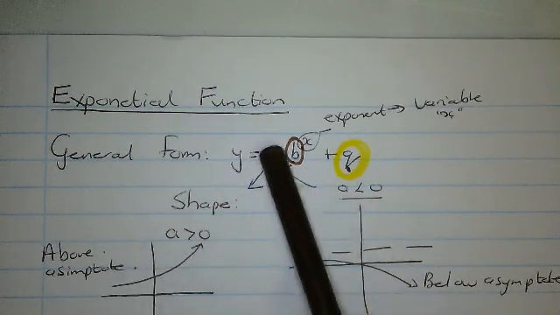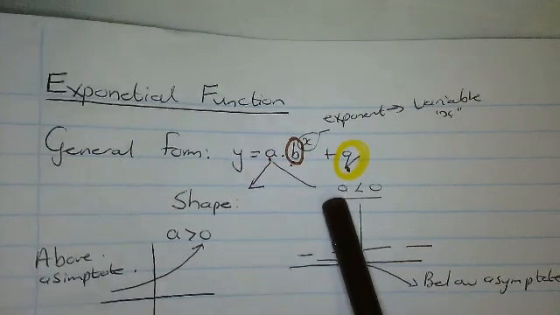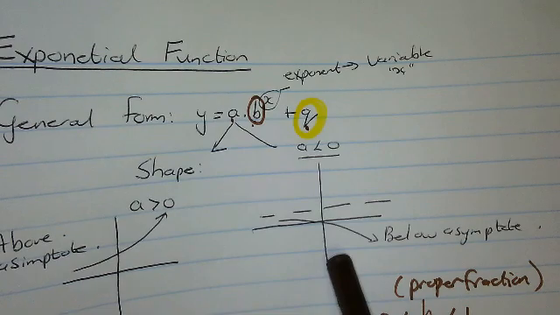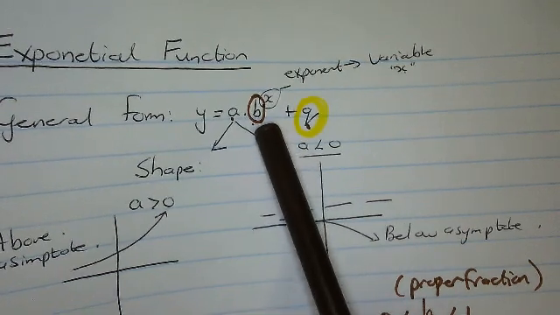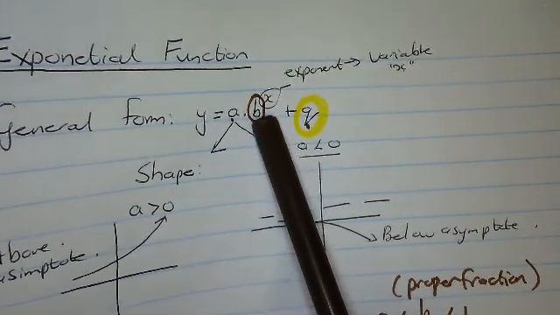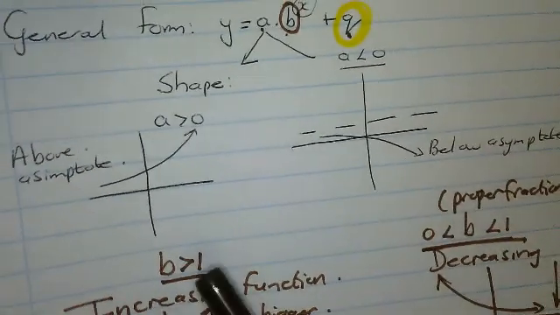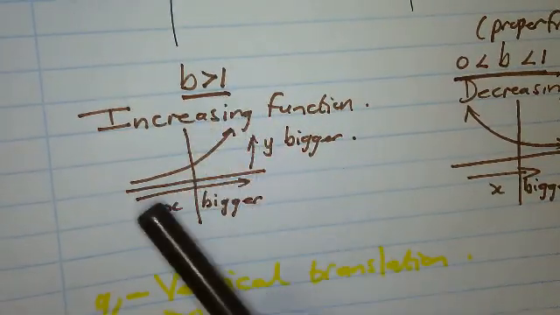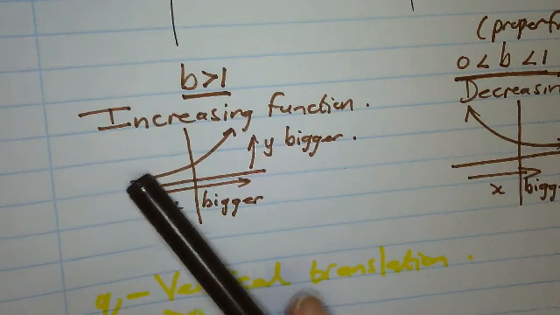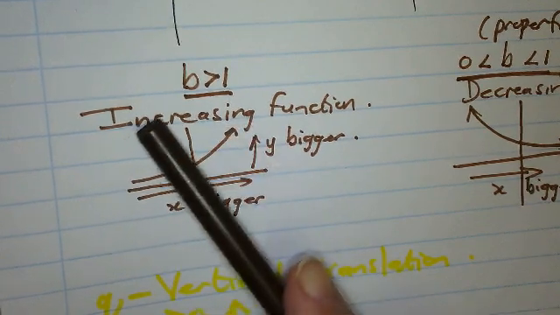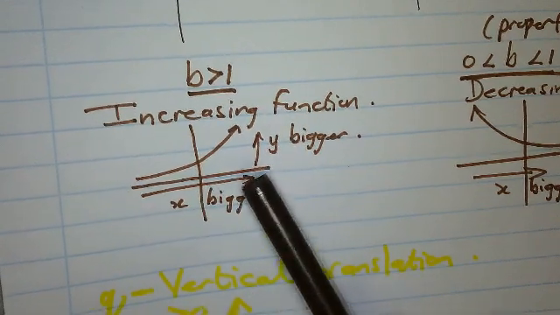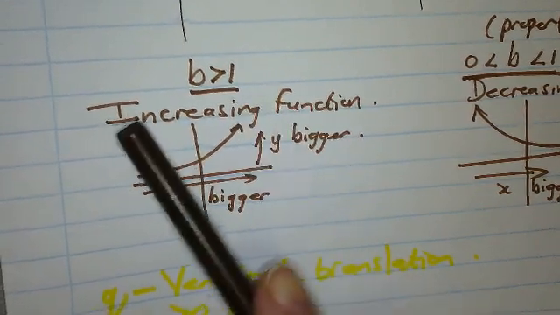If the a value will be negative, that's where you get your reflection. Then it will be below the asymptote. The b will always be positive, that's the base. If the b was then greater than 1, we start lower point and it's getting bigger, so we say it's an increasing function. So the bigger the x will be, the bigger the y will be. Increasing function.